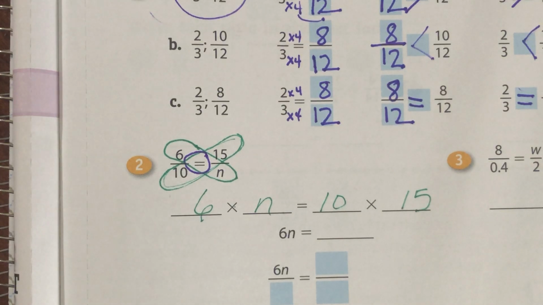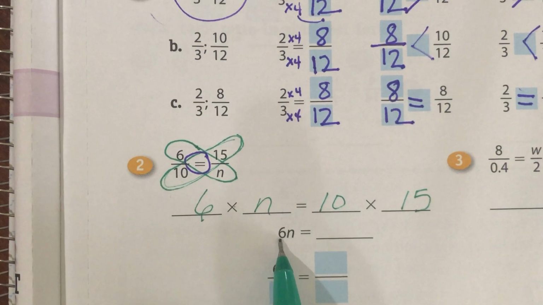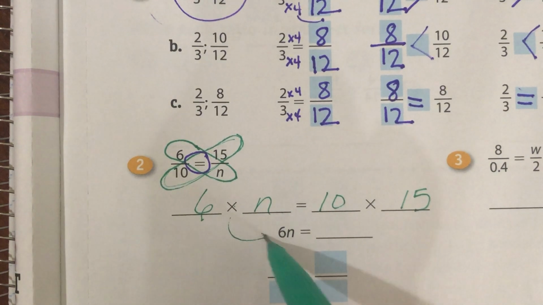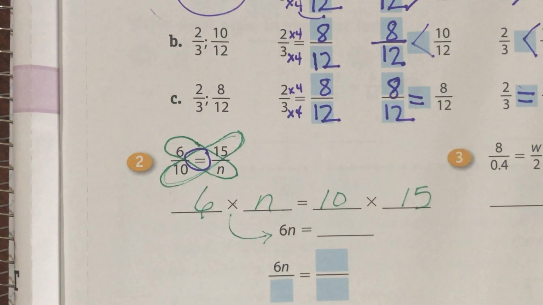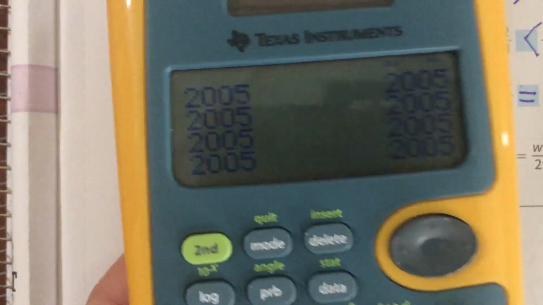All right, so I know that I cannot multiply a number times a letter. So when I see that happening, I'm just going to combine it and make it 6n. So this becomes 6n. And 10 times 15. Whoa, that's big, right? Well, I have my handy dandy calculator here.